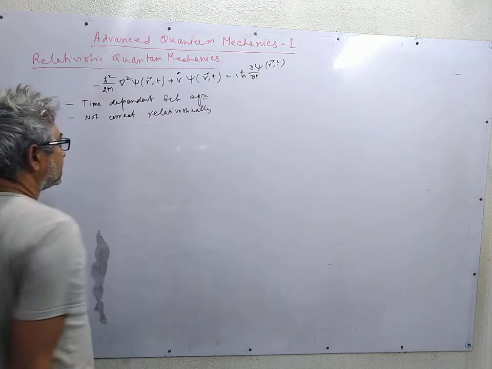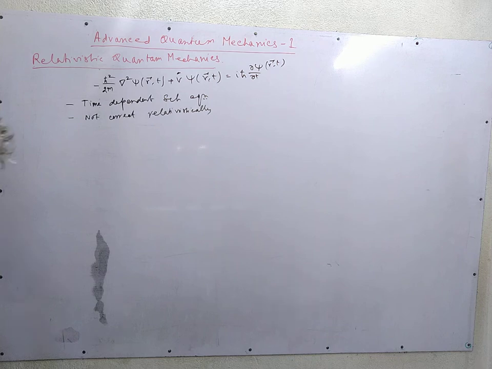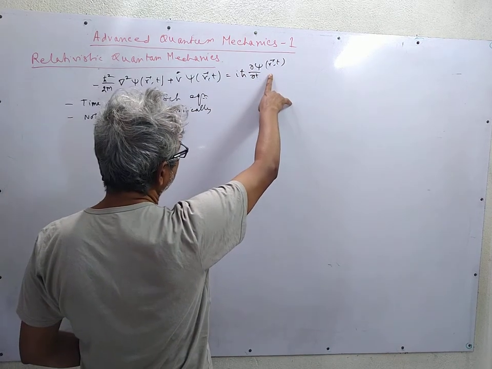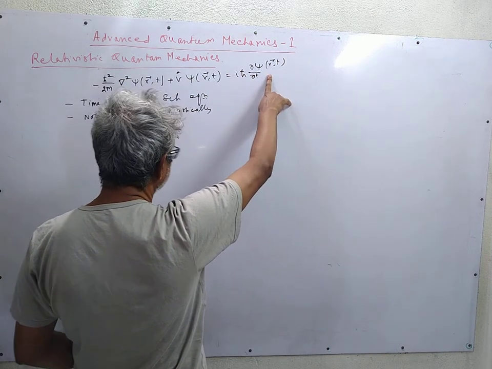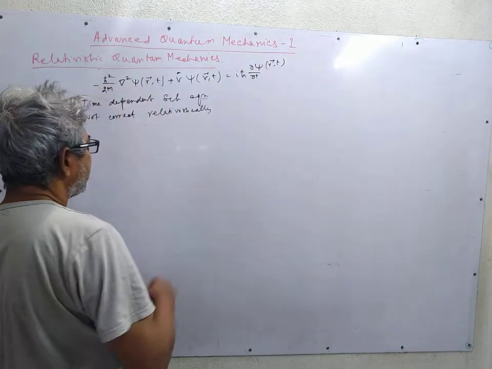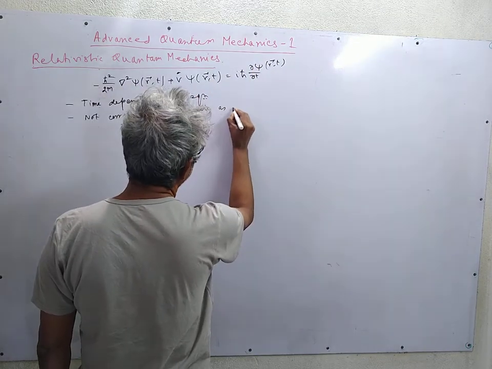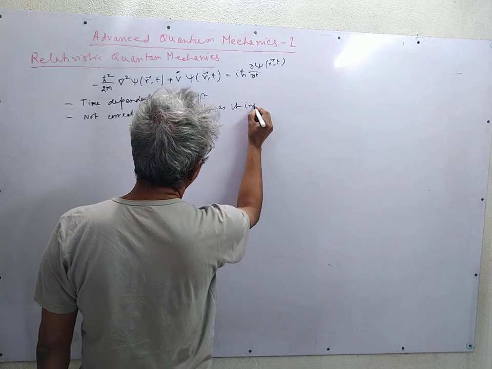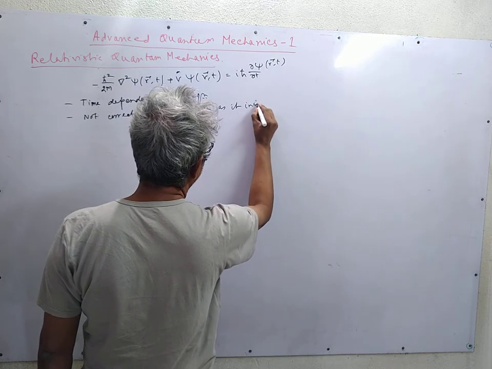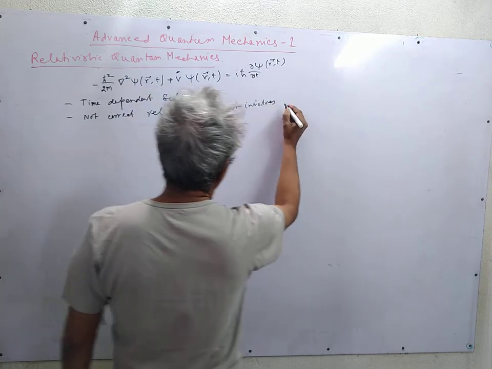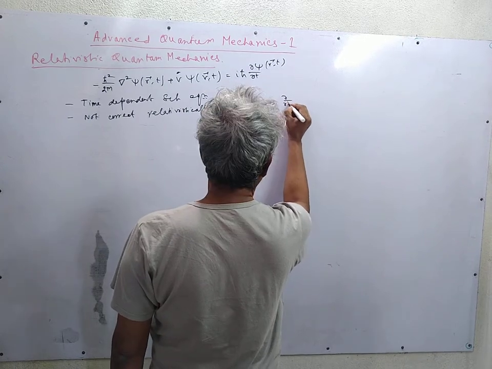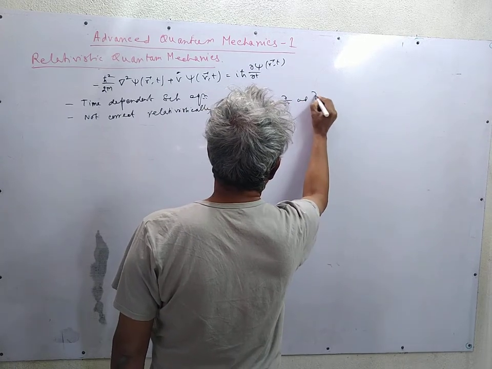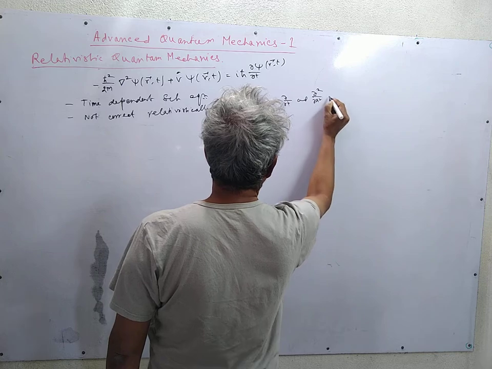This is not a relativistically correct equation, as it involves a first order partial derivative with respect to time, while it involves a second order spatial derivative, del t and del 2 del x2, etc.